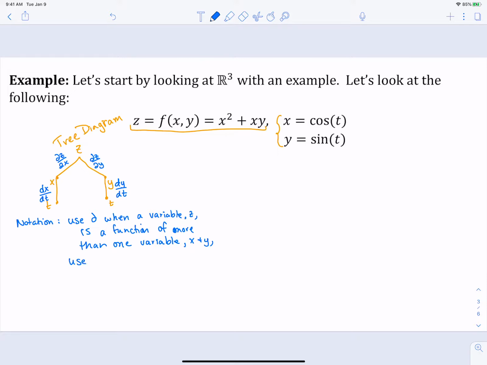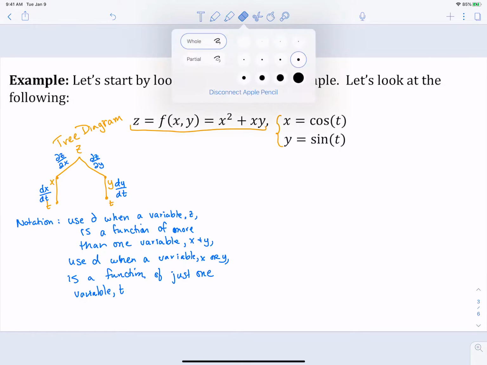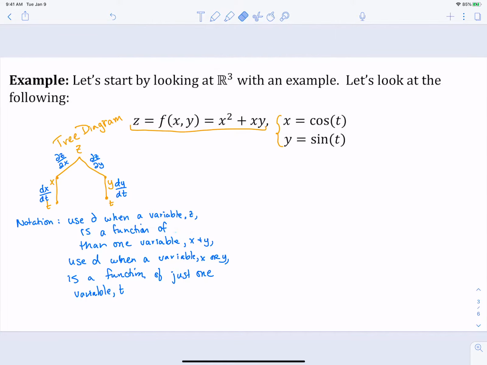And we use regular d when a variable, say x or y, is a function of, sorry, my handwriting is really bad, of just one variable. Again, say t.